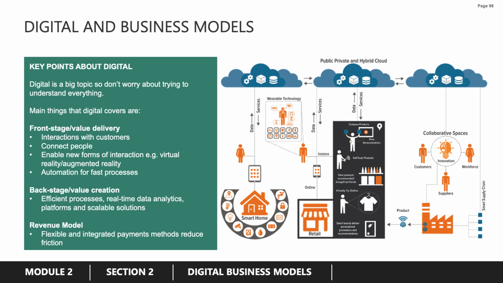And all these things tend to be driven in terms of platforms. So platforms and scalable solutions became a key part of digital business models. But it's not only that. If we actually look at how we pay for things now, we increasingly pay for things using our mobiles or digital devices, and the actual payment process is often seamless, done in seconds, as there are several integrations throughout the value chain.